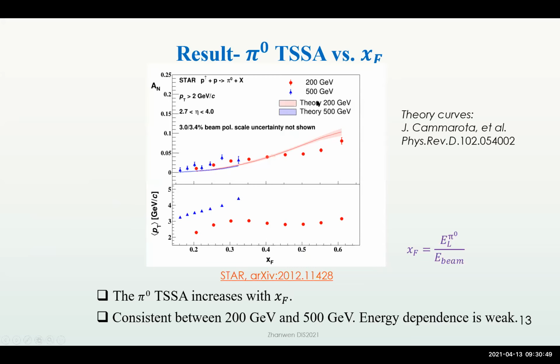If we compare with the theory curves, for some parts it looks okay, but sometimes we have discrepancy. But I will show that we can discuss another observable that would be more apparent for this problem.